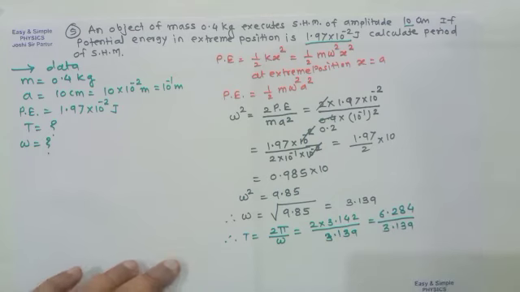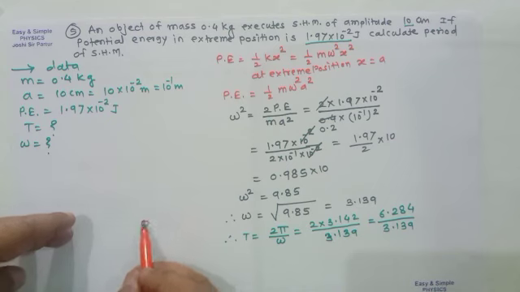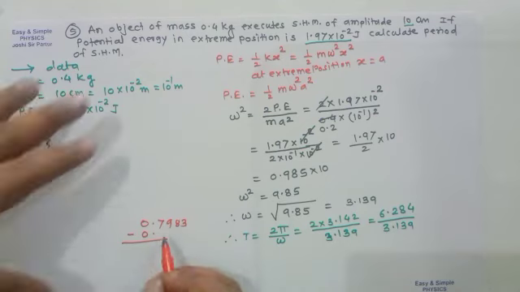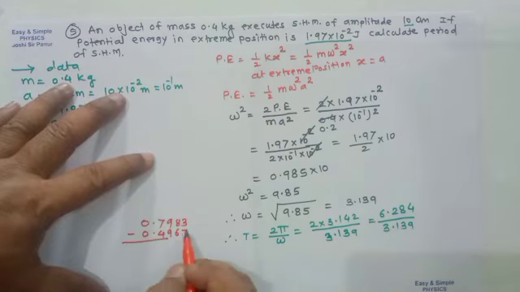If we take log, log of numerator is 0 point characteristic, log of denominator is 0 point characteristic. So the log of 62 in 8, 4 in mean difference, it will be 7983. Log of 31 in 3, 9 in mean difference, it will be 4967.